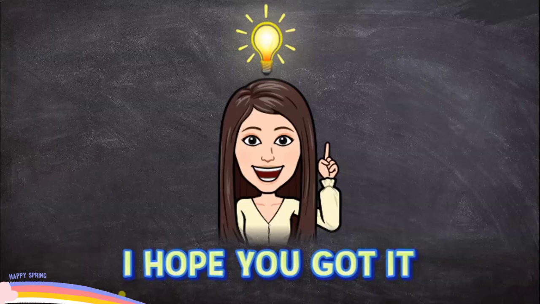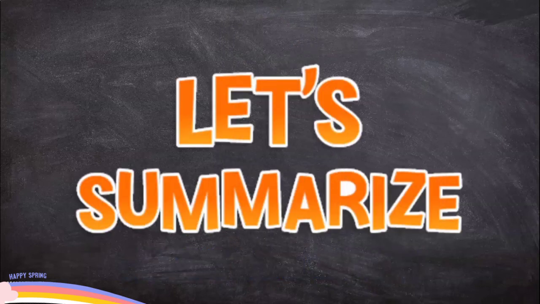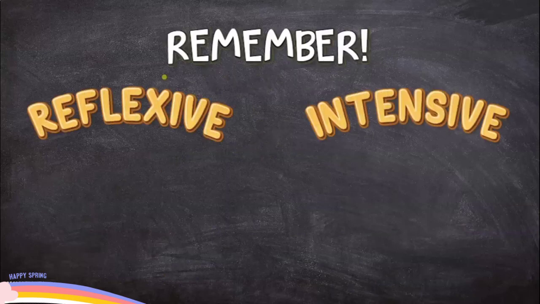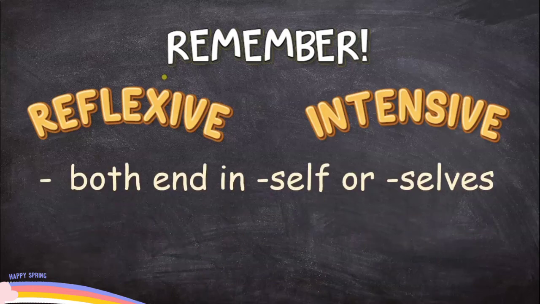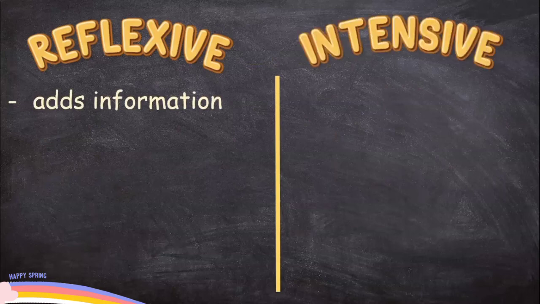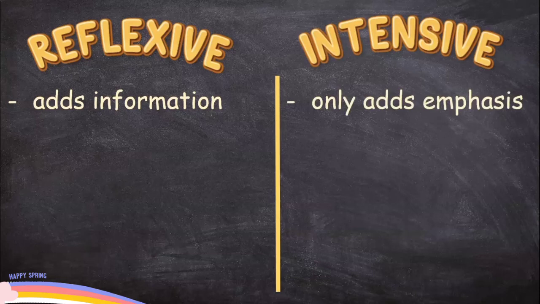Now let us try and summarize the discussion. Always remember that a reflexive and intensive pronoun has a common denominator. And that is that they both end in self or selves. But that is the only one. They are different in many other aspects. Remember that a reflexive always adds information to a sentence, whereas an intensive only adds emphasis.